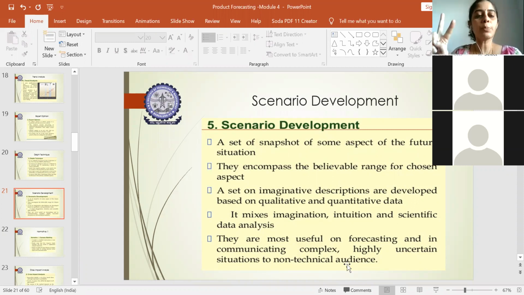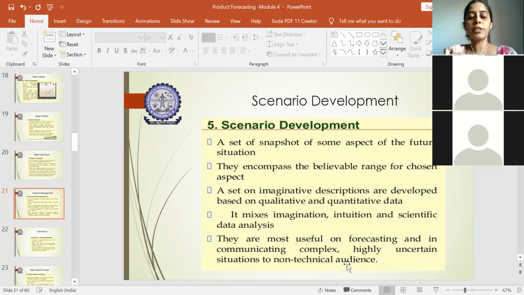Qualitative aspects are understood by the non-technical audience, and quantitative is also understandable because you are not deriving any mathematical equation, showing any analysis, exponential model, regression model or any other forecasting model that the non-technical audience cannot understand.